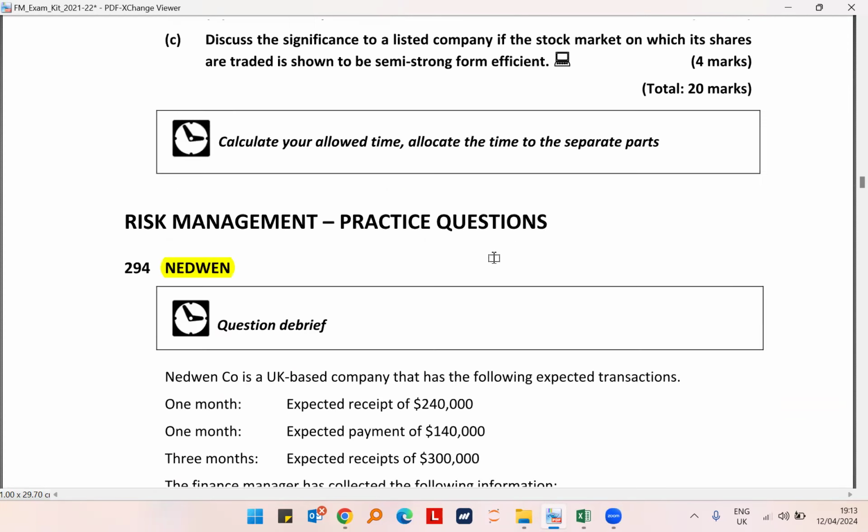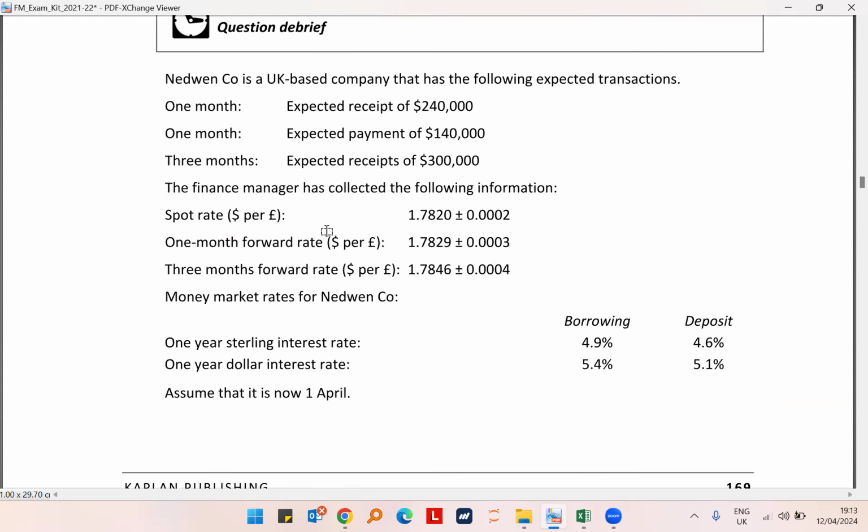So if you go to the scenario now, it says that Nedwen is a UK-based company and it has the following transactions. In 1 month, it will receive $240,000, but also in 1 month, it will pay $140,000. Then in 3 months, it will receive $300,000.